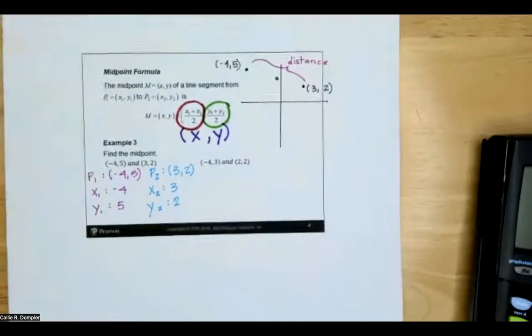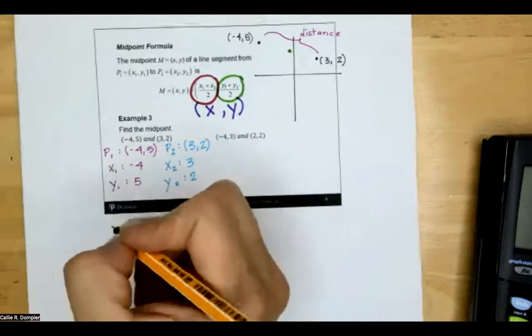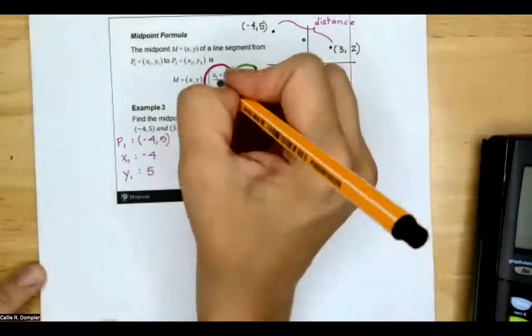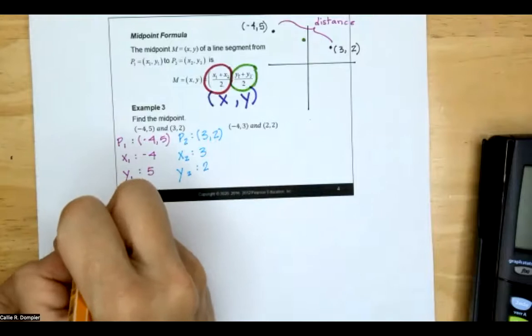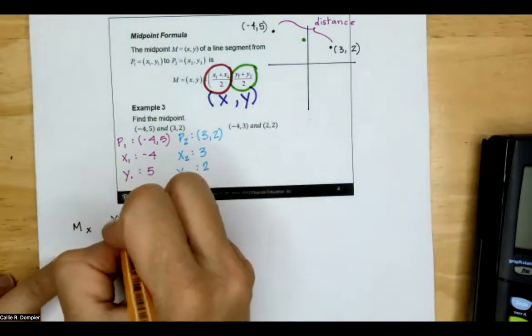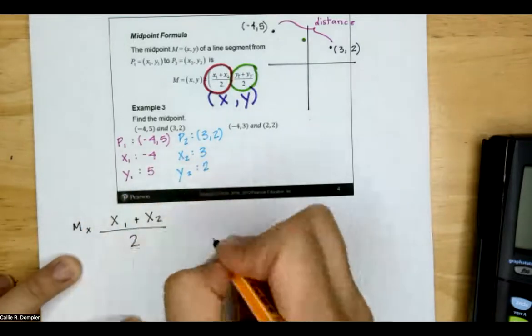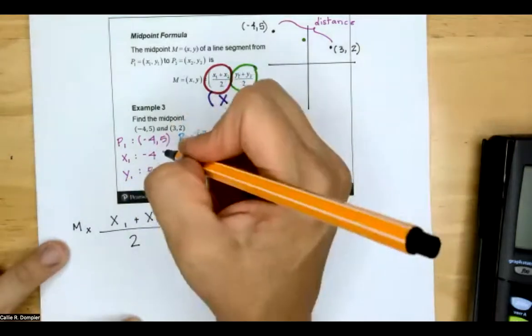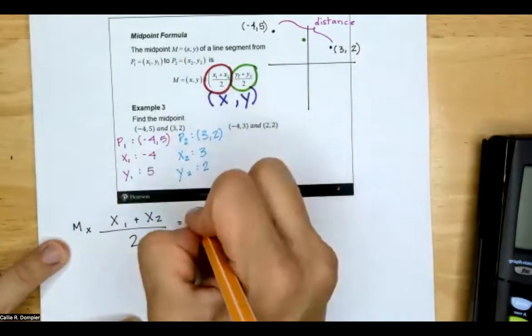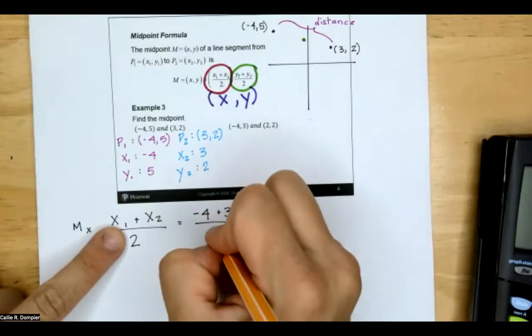Okay, so you can say the midpoint x value is x1 plus x2 over 2. Okay, so x1 was -4, x2 was 3, and we're dividing them by 2.